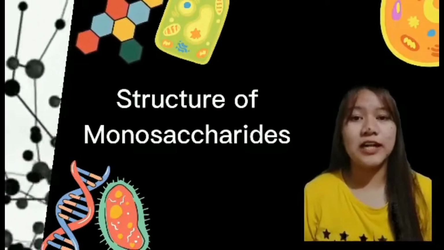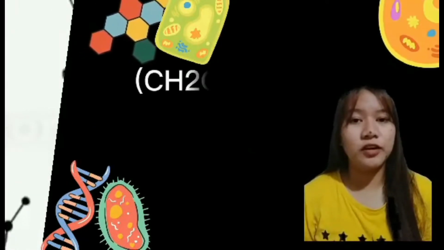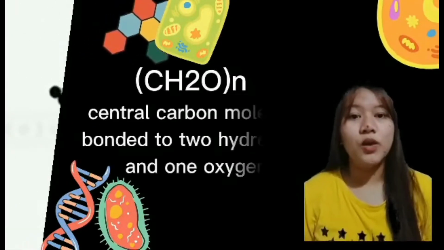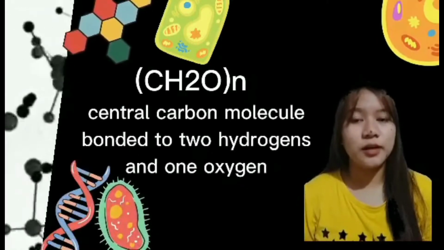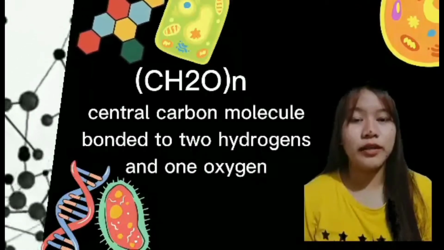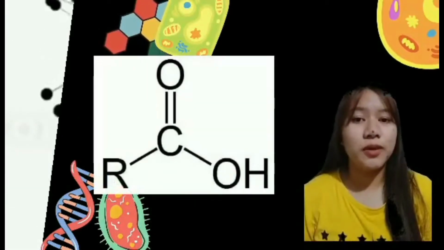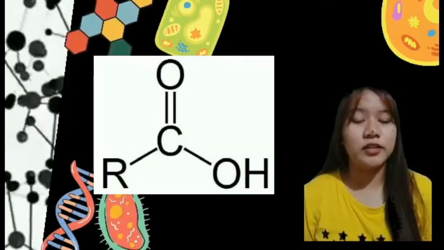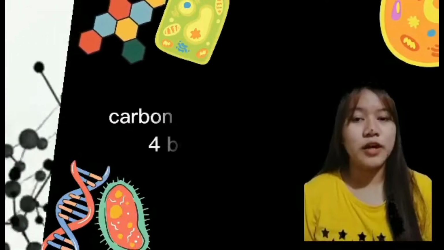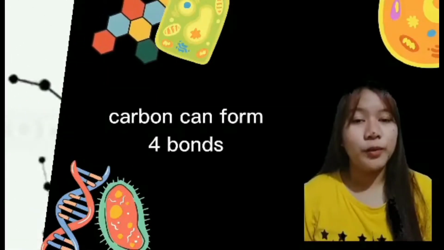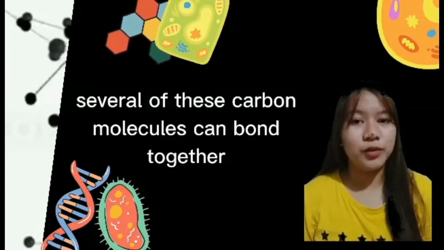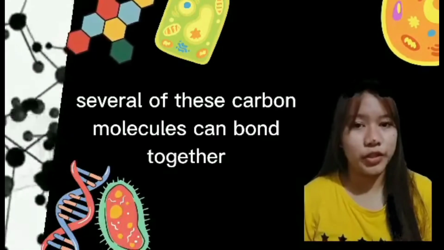All monosaccharides have the same general formula of CH2On, which designates a central carbon bonded to two hydrogens and one oxygen. The oxygen will also bond to a hydrogen, creating a hydroxyl group. Because carbon can form four bonds, several of these carbon molecules can bond together.